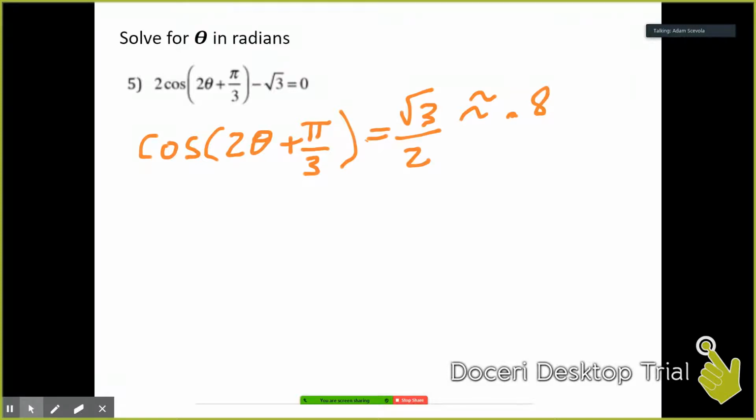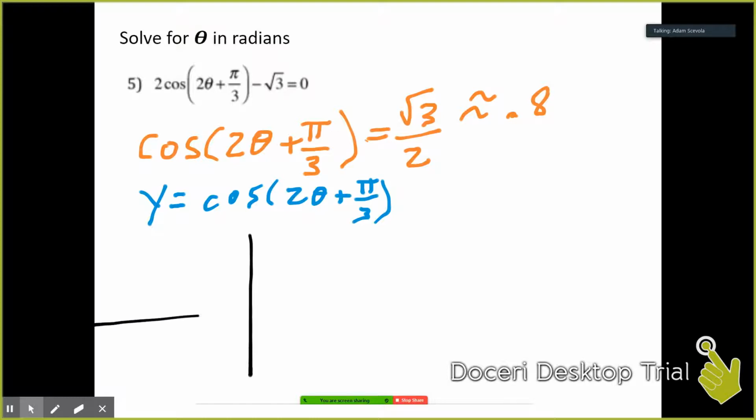All right, so first let's think of the graph of the left side, so y equals the cosine of 2 theta plus pi over 3. All right, I'm going to graph that in blue. So that we don't have to be super detailed with our graph, but we know a couple things. We know it's going to go in between 1 and -1, because the midline is 0 and the amplitude is 1.